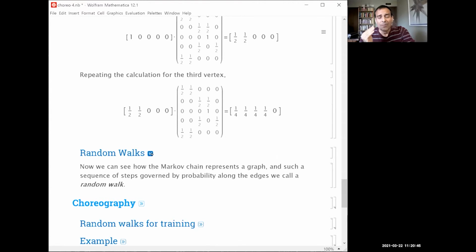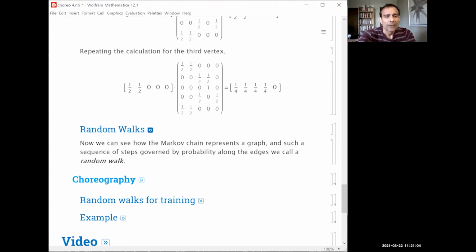Making it random says, I don't know what's going to come next. I don't know what next step I'm going to take, much less the step after that. But I do know that it's all going to happen within the framework of the graph that is laid out before me.